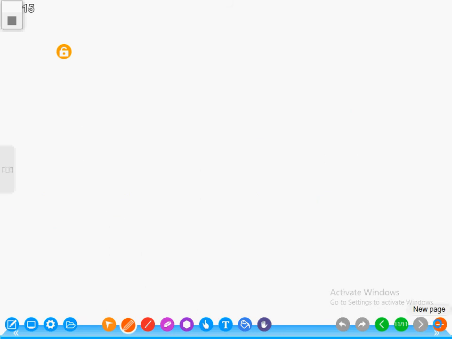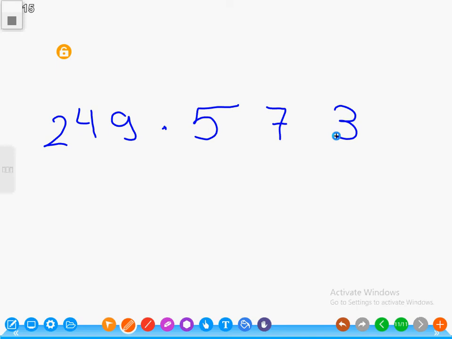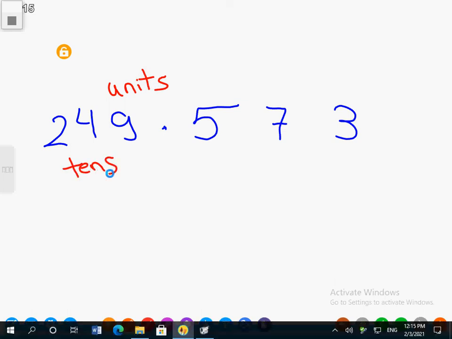Okay guys, now we want to know the place value and the value of the decimal number. Let's take an example, 249.573. Let's write the place value of each digit. Here is the place value: units, tens, hundreds.